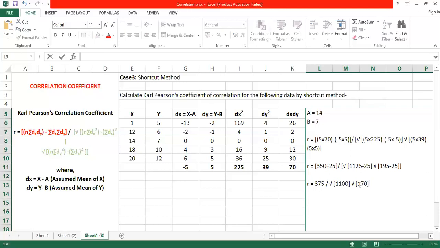So finally R equals 375 divided by, see, 1100 square root. It is 33.16 into square root of 170 is 13.03.